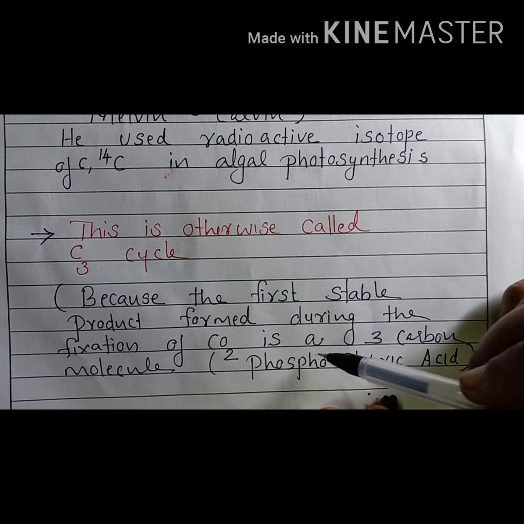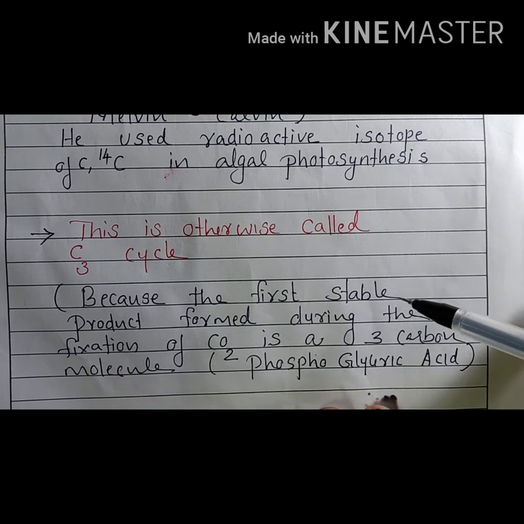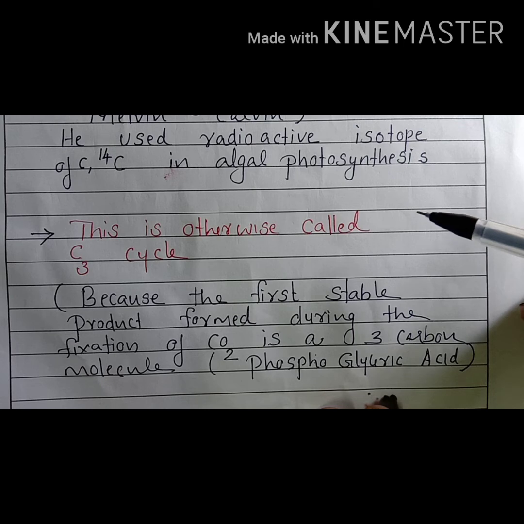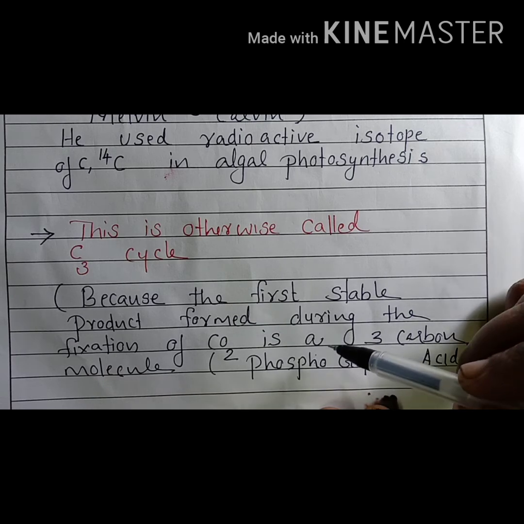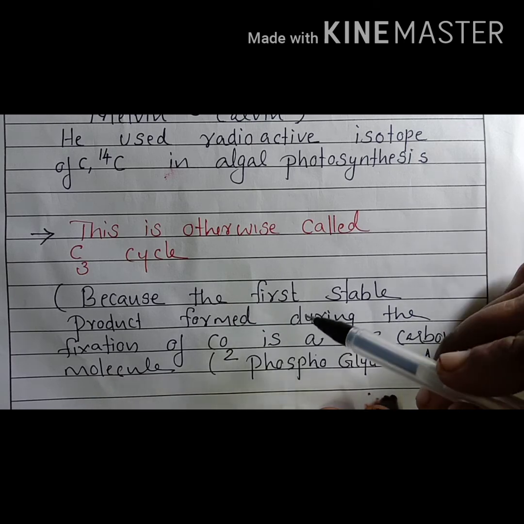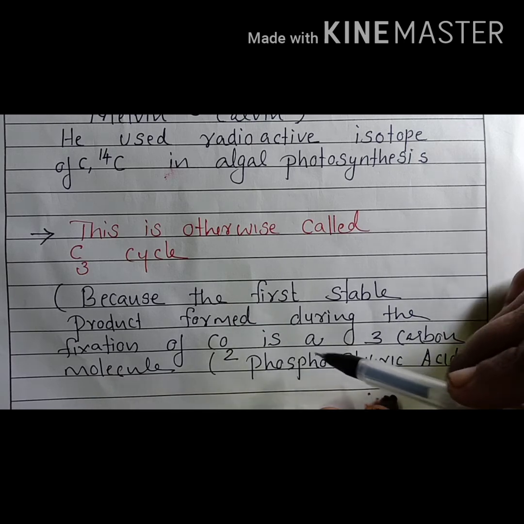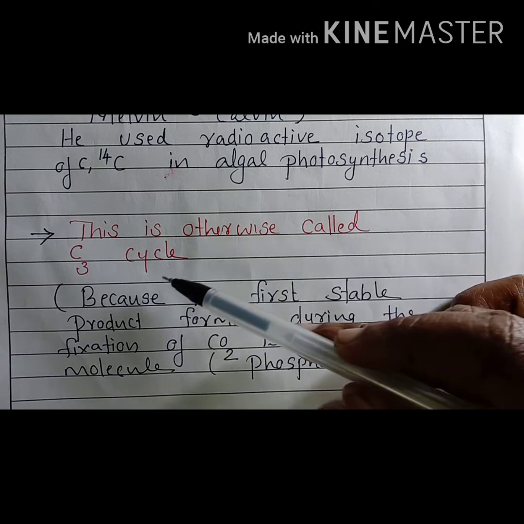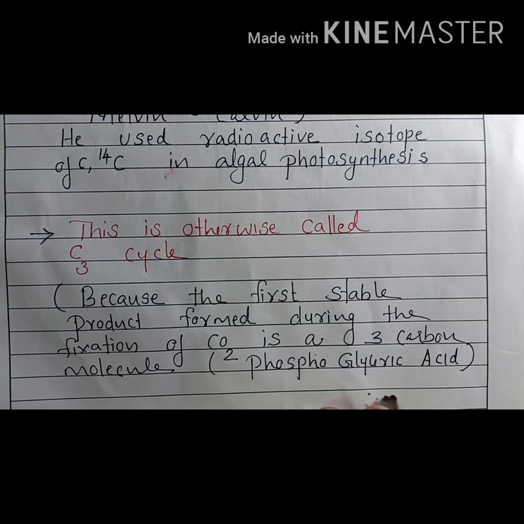The end product is what? Starch or glucose, which is a 6-carbon compound, C6H12O6. But the first compound formed during this cycle is a 3-carbon compound, phosphoglyceric acid. So this cycle is otherwise called the C3 cycle.